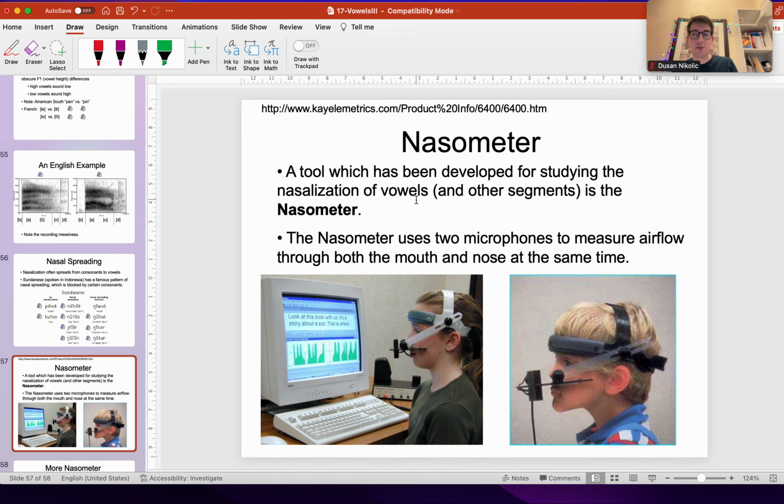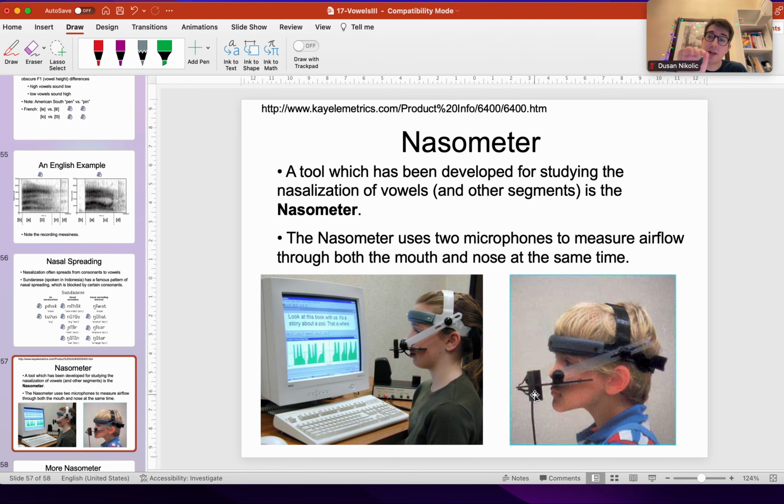So after the surgery, for example, you need some kind of technique to train these young people, children, into producing non-nasal sounds, right? The nasometer here uses two microphones, so here they are, to measure airflow through both the nose and the mouth.